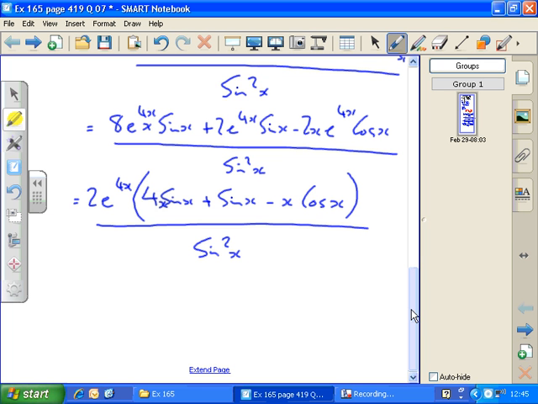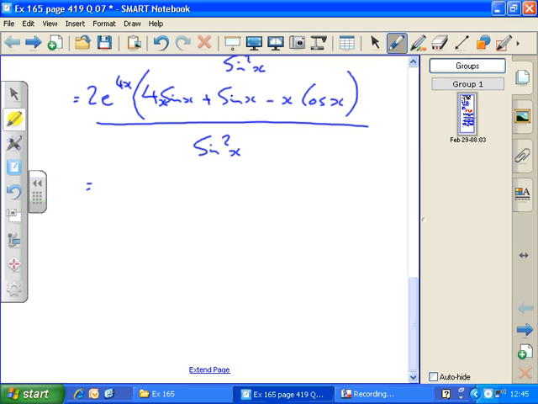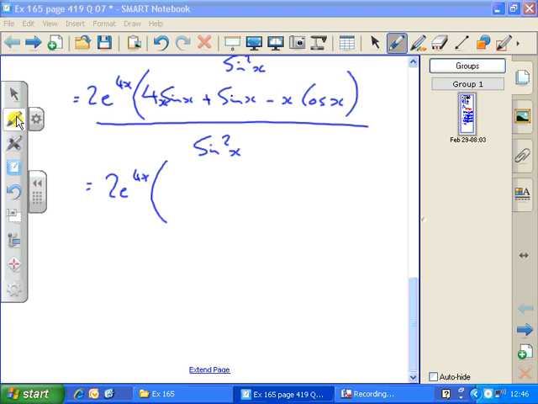Now, if we look at this, we've got 2 e to the 4x, and inside this bracket we can take the first 2 terms and factorize those, because sine x is common to both.